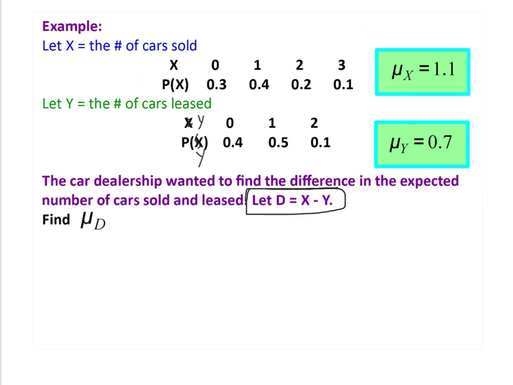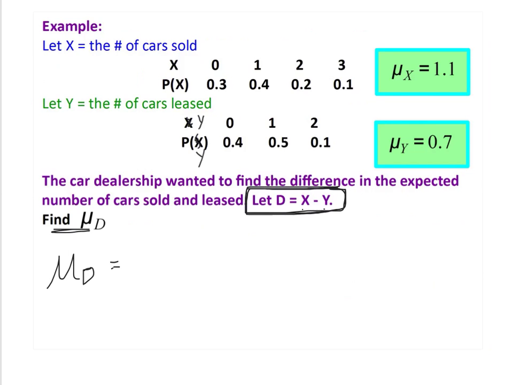So it gives me this new random variable, and it says random variable D is going to equal the difference of cars sold minus cars leased. So then it asks me to find mu of D, or find the expected value of D.